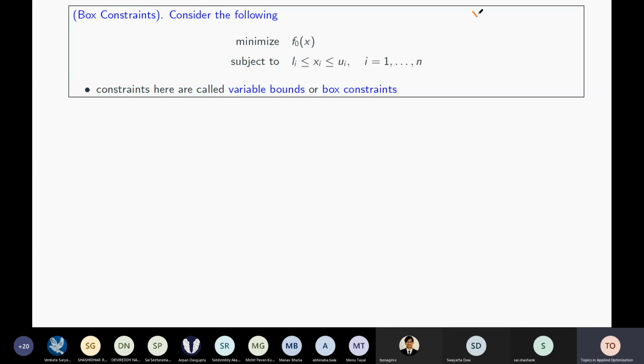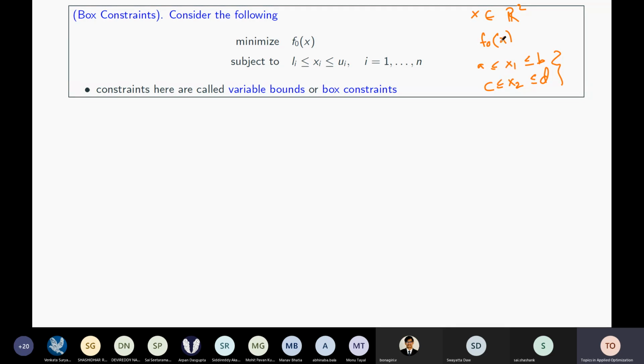So if I treat x to be in, let us say, R2, and my objective function is f naught x, then my box constraint will look like x1 is greater than equal to a and less than equal to b, and x2 is greater than equal to c and less than equal to d, right? I have written these as two inequalities separately. So these are called box constraints.